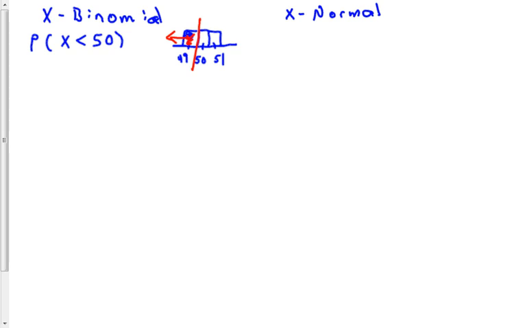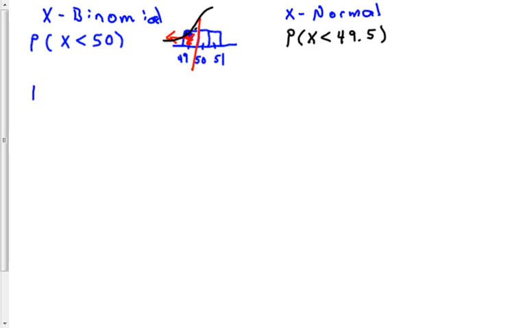So in the normal probability area, we would be looking at the probability that X is less than 49.5. That's the correction for continuity, because its curve would come in more like this. You would lose some and gain some. So it's only going to be approximate, but you have to go in between.